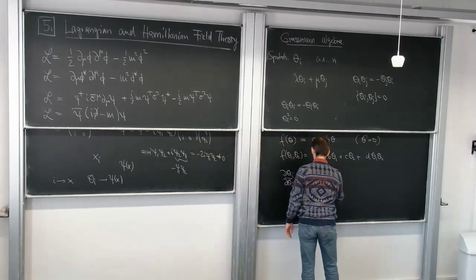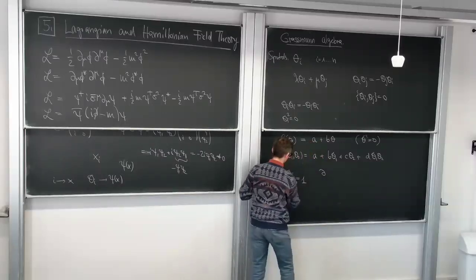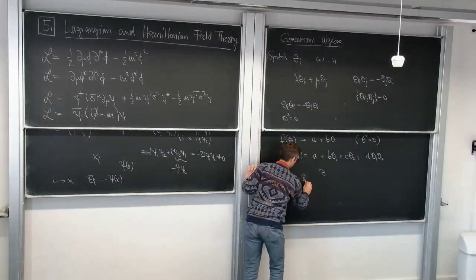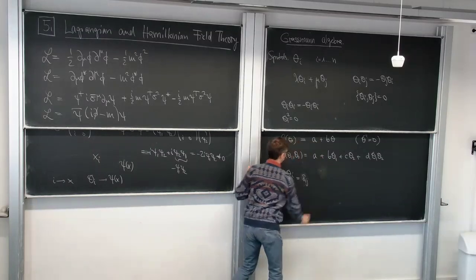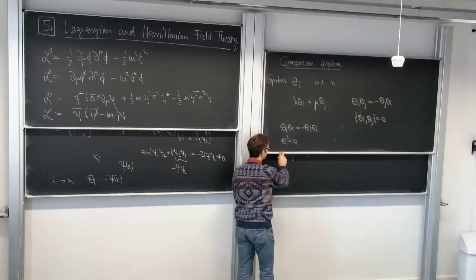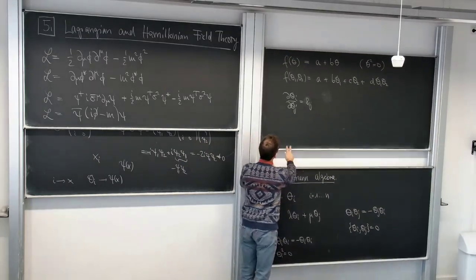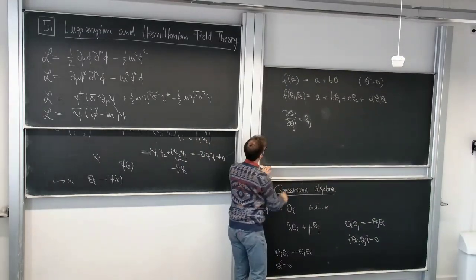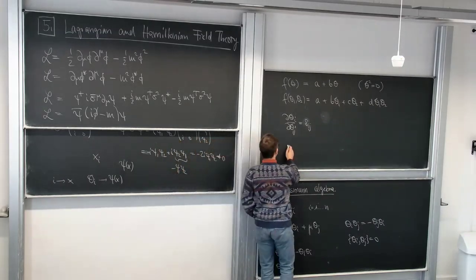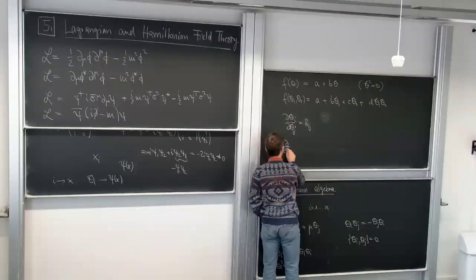And theta I with respect to another one is nothing. So let's write it shorter like this, like for real variables. And now we have all these derivatives. The funny thing is, the derivatives also have to anti-commute.